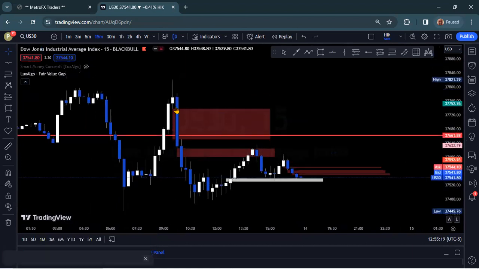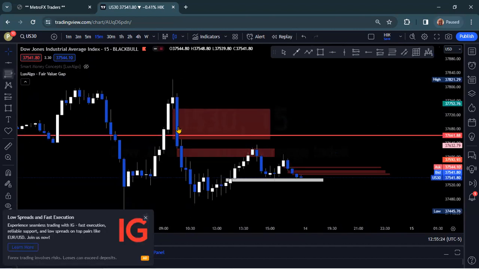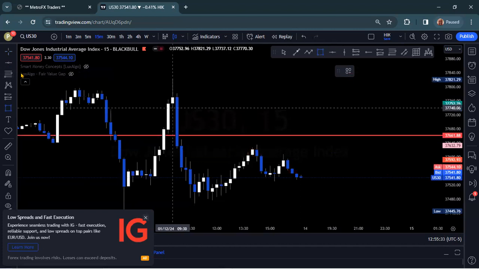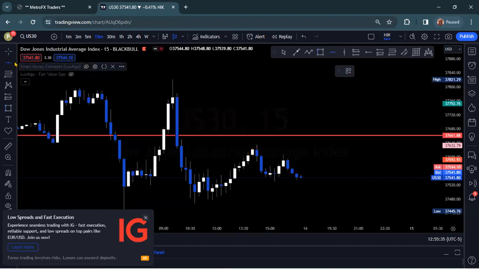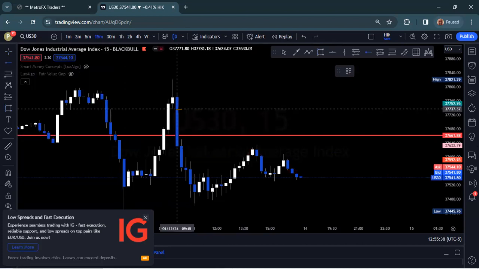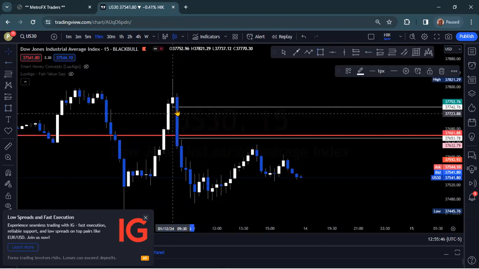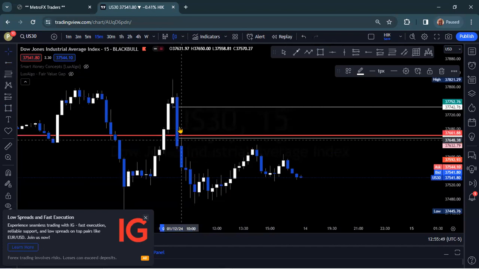It's telling you this is a gap, right? And a gap is pretty much an area that needs to be filled. All right. So if I was to take this out and show you, this right here and this right here, this area between this wick and this wick is an area called a fair value gap.